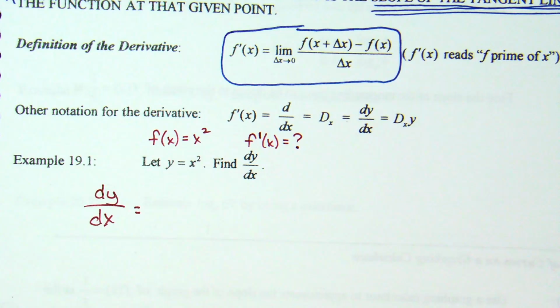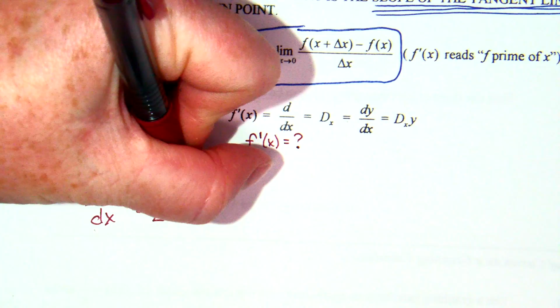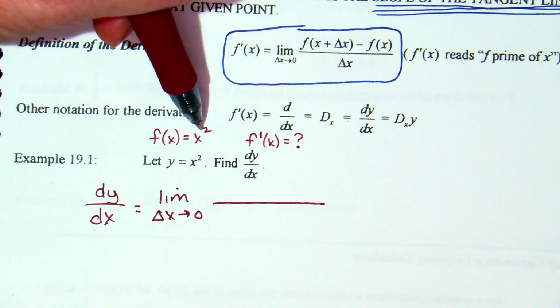And when they ask you to use the definition of the derivative, you have to show this work. So, dy/dx, derivative. Okay, what's my definition up here? The limit as delta x approaches 0 of f of x plus delta x. What is my function? My function is x squared.